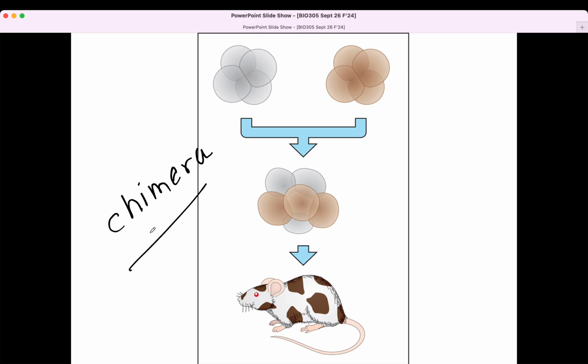We could just add one special cell, and you could make a chimera. And if you made several independent chimeras, and they had babies, there would be some babies whose entire body was made from the special cell. So it's a way of converting a special cell that you have in a dish into a whole mouse that forever breeds true as that type of mouse. Okay, like that.